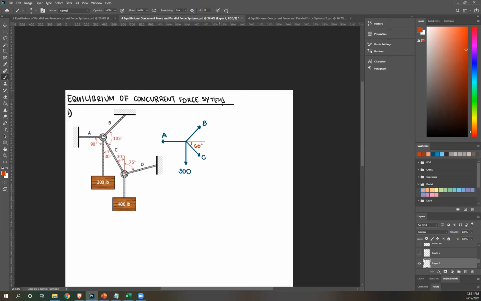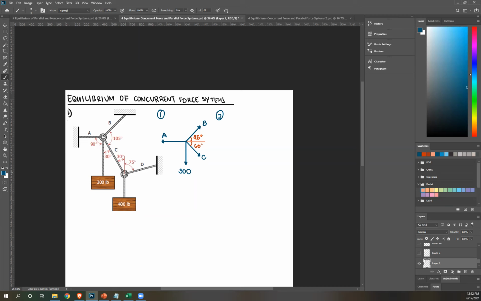So 105 minus 60, you get 45. This is 45, right? Again, that's just 105 minus 60. So this is your first free body diagram. I'm just going to call that free body diagram 1. Now let's continue on to this one. Let's call that 2.